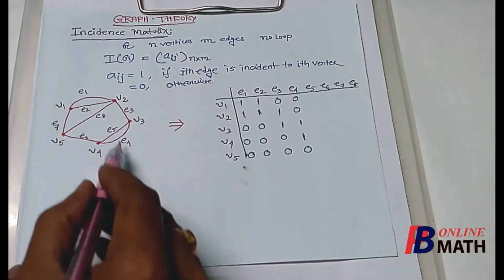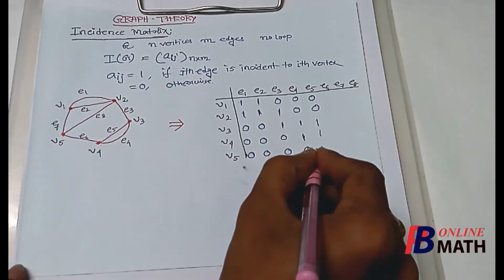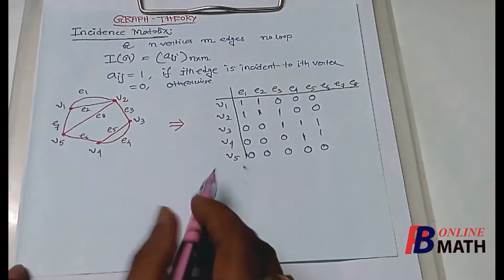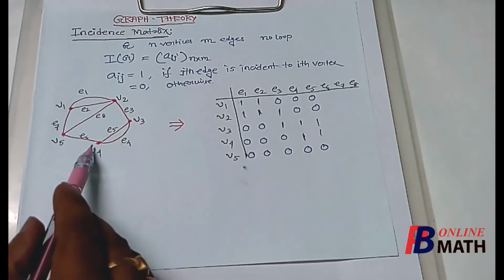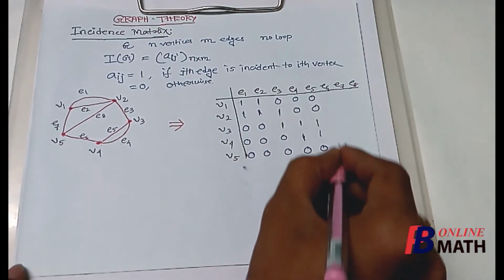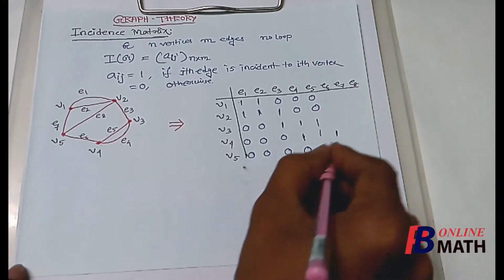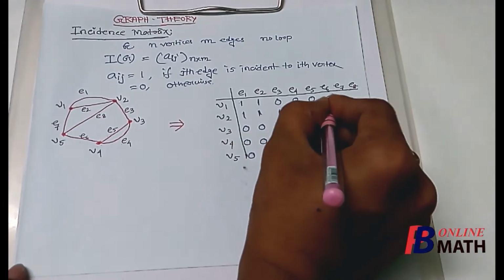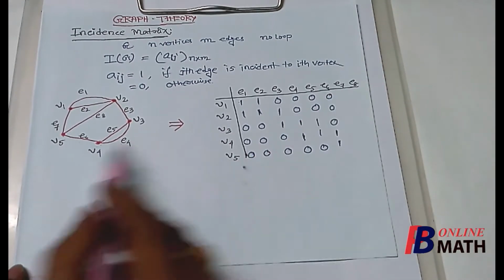Similarly, E5 is parallel to E4, so we shall get the similar column for E5 also. Next we consider E6. Now E6 is incident to both V4 and V5. So in the column of E6, we put 1 for V4 and 1 for V5 and 0 for the remaining elements. Now we consider E7.